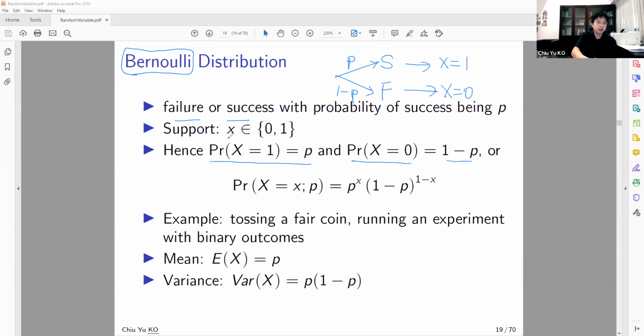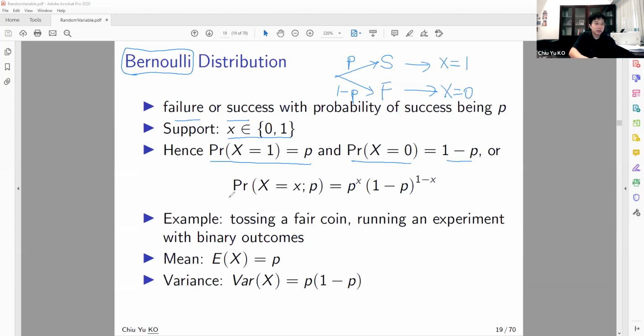And just like the support, x is 0 and 1, which means these are the possible values of the random variable. And here you can combine these two very interestingly. I always feel very surprised how you can write p and 1 minus p into one formula. Indeed, you can write it in this way.